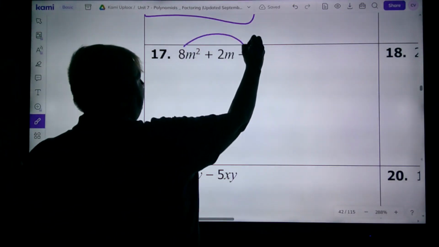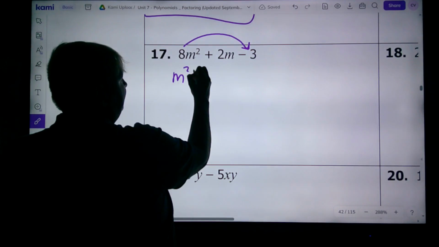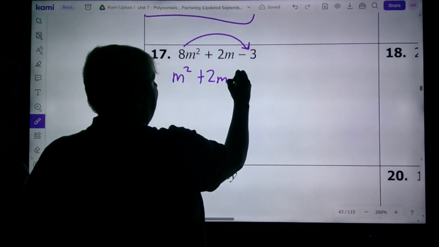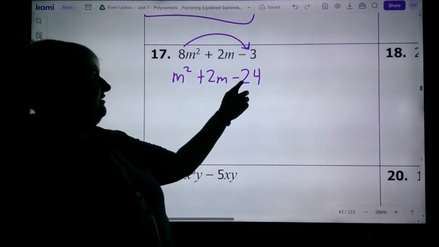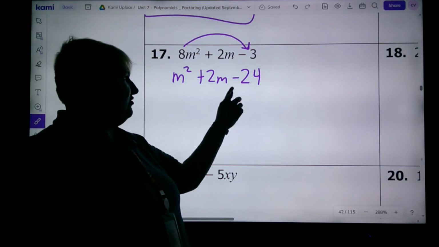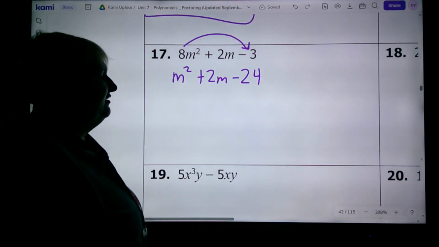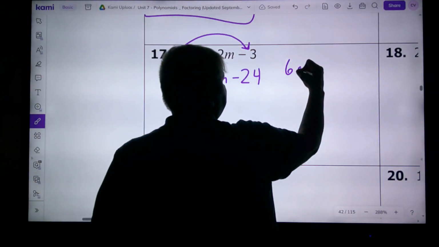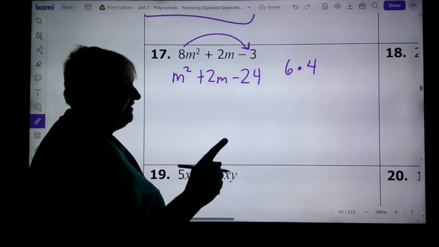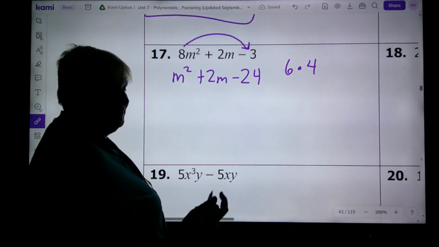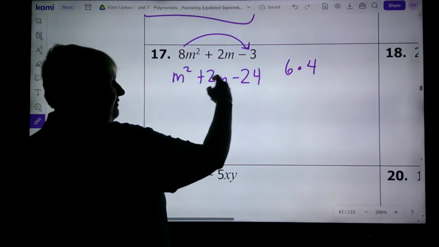All right? So m squared plus 2m minus 24. Two numbers that multiply to give you negative 24 and add to give you positive 2. 6 times 4 will give you 24. We want one of them to be negative, and we want it to be the smaller number because we want it to end up being positive.